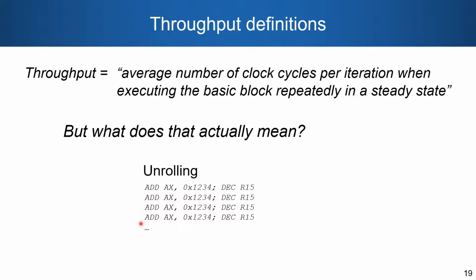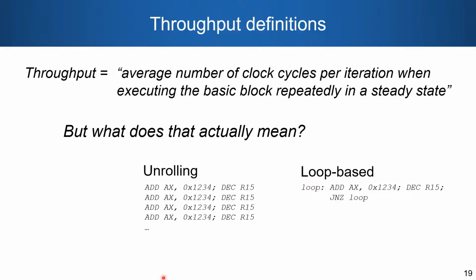We execute the whole thing, and we divide the execution time by the number of repetitions to get the throughput. An alternative to this is to execute the basic block in a loop. Here the basic block ends with a branch instruction that jumps back to the beginning of the loop.